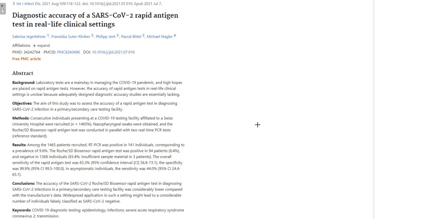Let's take a look at this. This was published last year in August: Diagnostic accuracy of SARS-CoV-2 rapid antigen test. For COVID, there are multiple tests. Some are faster than others, and some are less accurate.